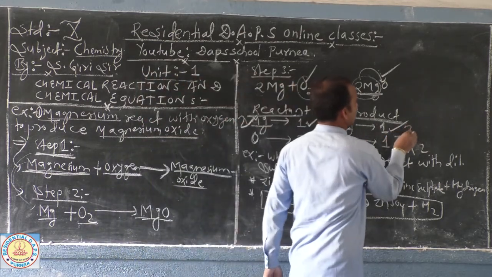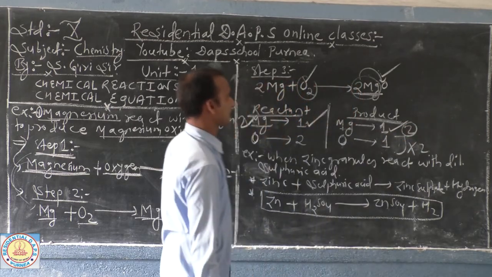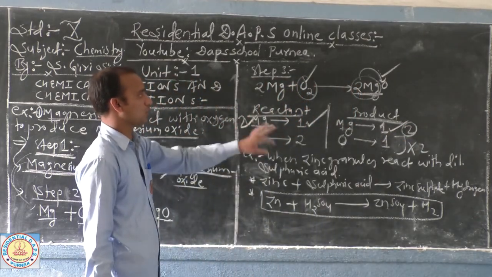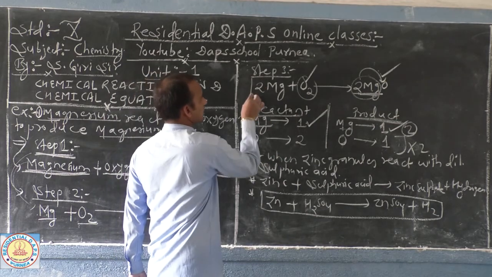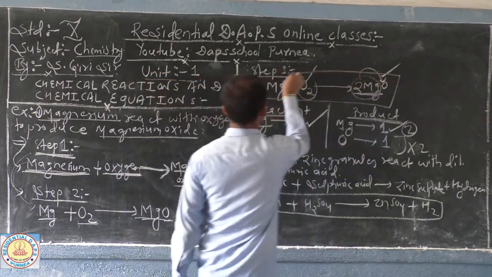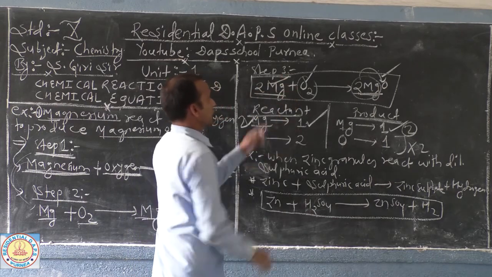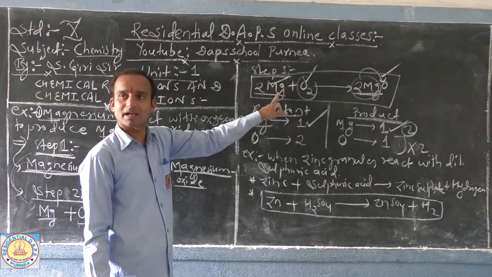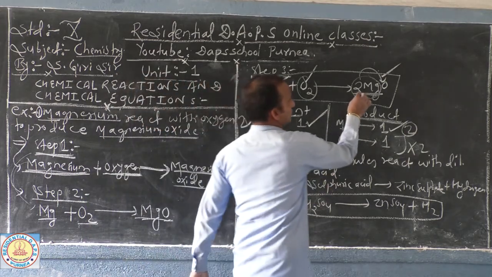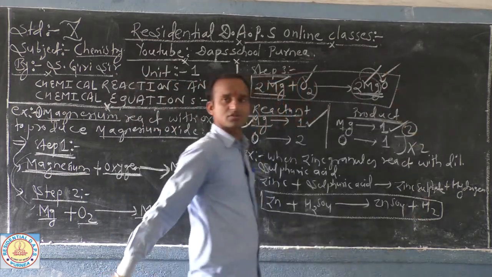So finally you will get 2 atoms of magnesium on both sides. Finally, let's check the number of atoms of each component. Here you can see, dear students, 2 Mg means 2 magnesium atoms, and on this side 2 magnesium atoms, so it is balanced.